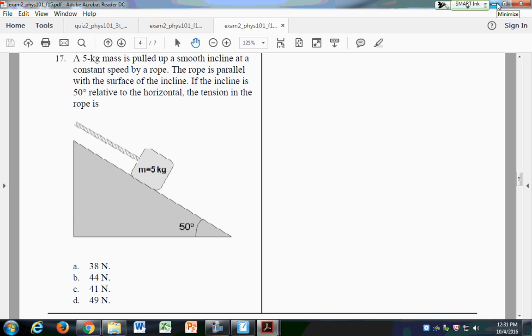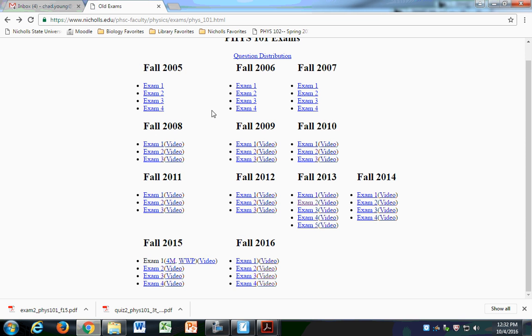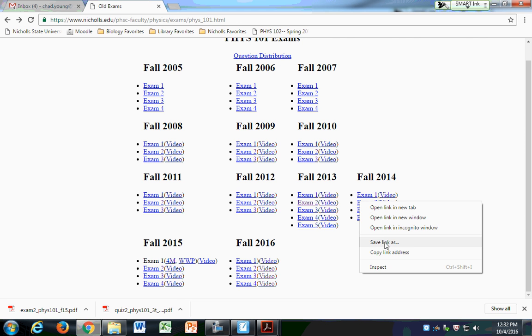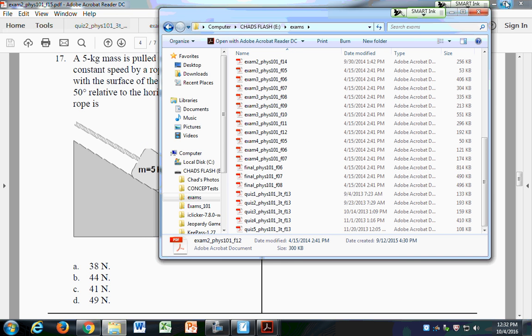Which ones? 20 and 21 on fall 2014. How y'all feeling about this exam? That's been the general consensus.